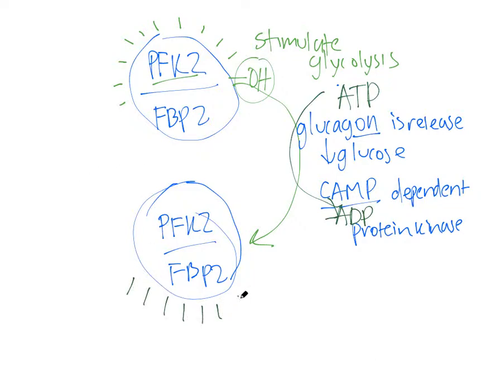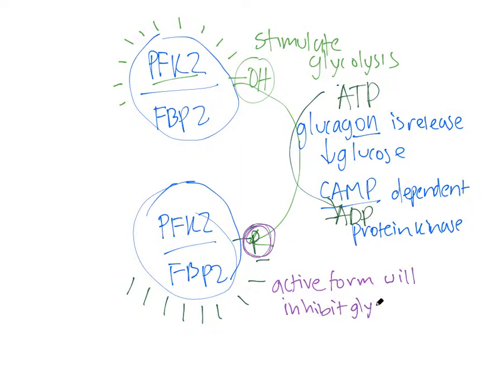And when this happens, fructose bisphosphatase 2 is going to be active. So we can draw a little phosphate group right here. Okay, let's draw this phosphate group. So when this happens, it's going to be active, and this active form will inhibit glycolysis. Since this part's active, right?